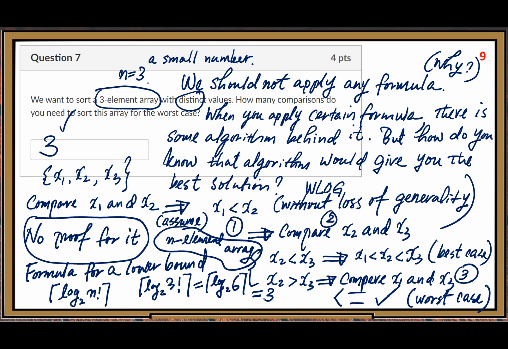Nobody can exhaust all the sorting algorithms, but this formula covers all the comparison-based algorithms. If your sorting is based on comparisons, then this formula covers it. There are some non-comparison-based sorting algorithms, but this lower bound is for comparison-based sorting algorithms.